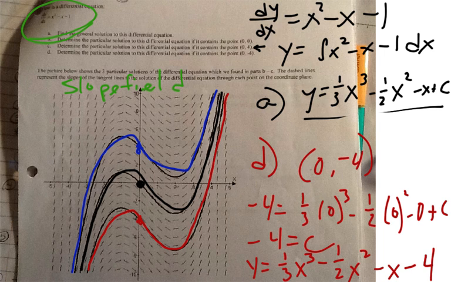These slope fields kind of show you the path that different solutions would take depending on what point it's going through. So there's an infinite number of solutions to a differential equation because C could be really any number. So we see, I could have had a point going through 0, 8, and it would have been up here following more of a path like this.